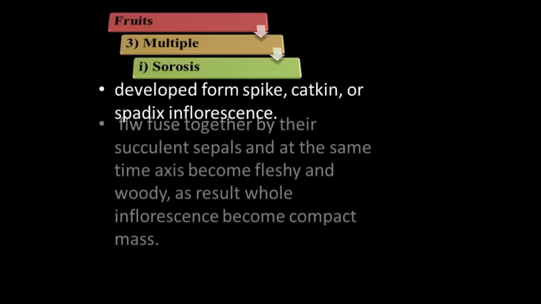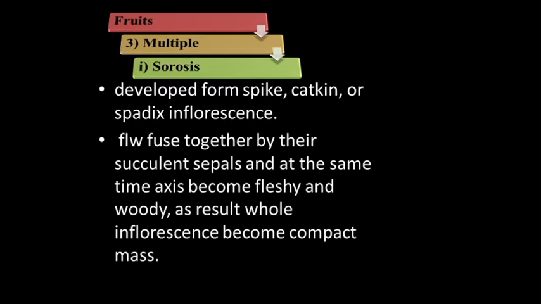Now the third category in the case of the fruits is the multiple fruits. We have already discussed the simple fruits, then the aggregate fruits, and the third category is the multiple fruits. Multiple fruit is developed from a number of flowers placed side by side together. Here the multiple fruit is categorized into the category sorosis.